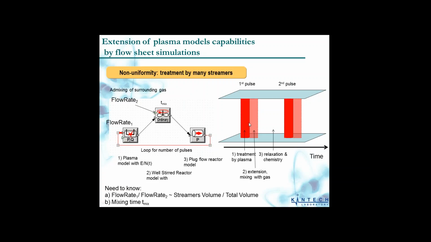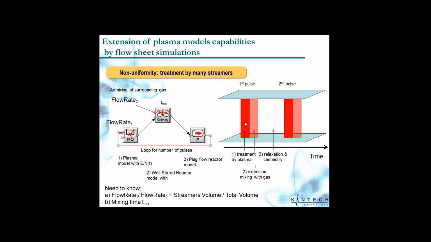After that, the decaying and the mixing with the surrounding gas can be simulated through a perfectly stirred reactor, where we have a mixing of the species which were not treated by the plasma. After that, there is some mixing time. After that, the final zone, when we have normal chemistry, can be simulated through a normal chemical reactor.